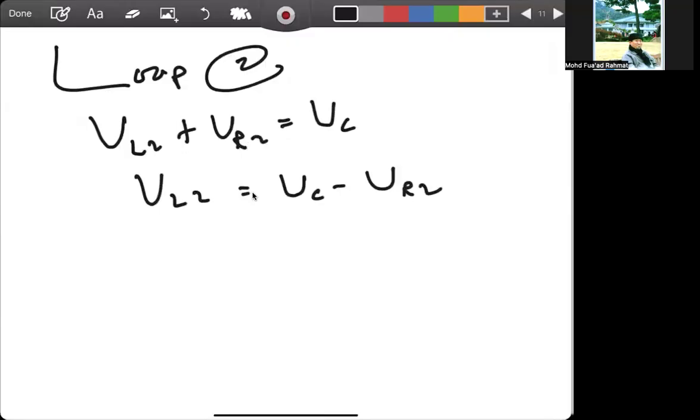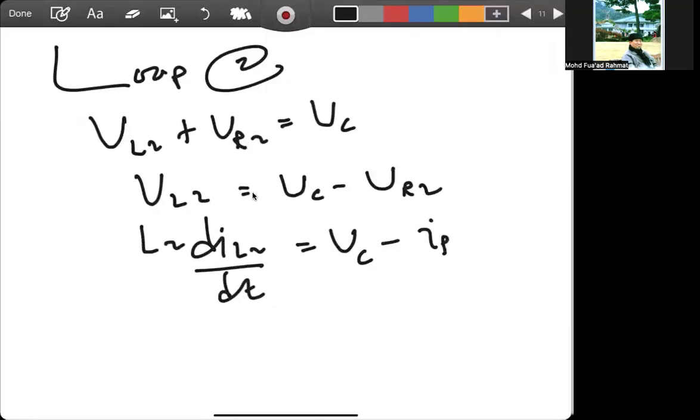And VL2 is L2 dIL2 dt, equal to VC minus IR2 R2.